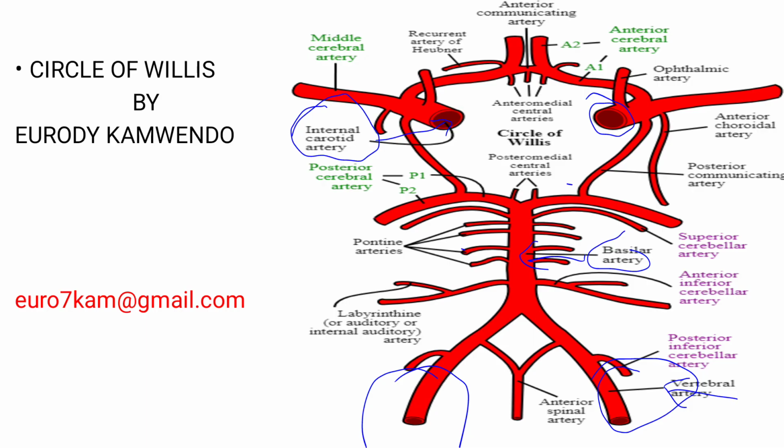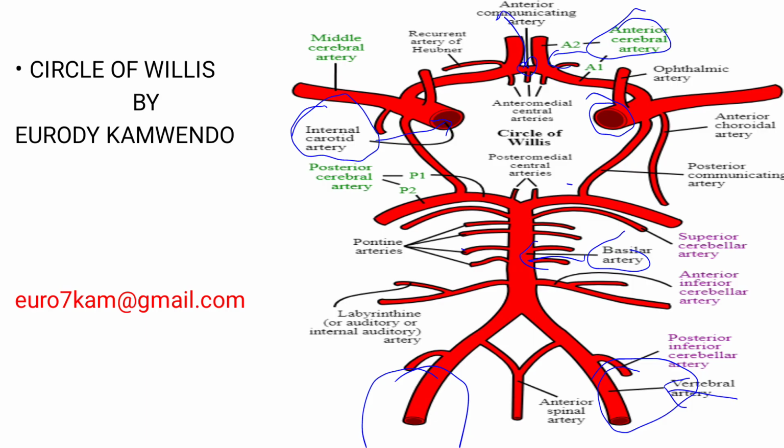Now, the major arteries that comprise the circle of Willis also include what is known as the anterior cerebral arteries. So the anterior cerebral arteries also complete the full formation of the circle of Willis. These anterior cerebral arteries branch off from the internal carotid arteries, and they supply the frontal lobes of the brain. They are connected to each other by the anterior communicating artery, which is this particular portion here, of course.